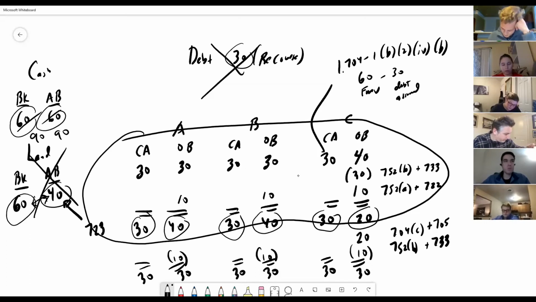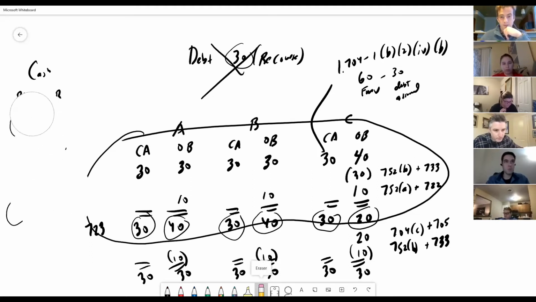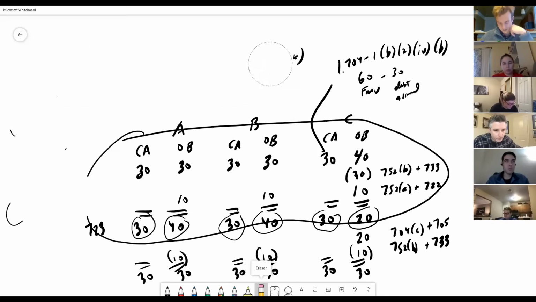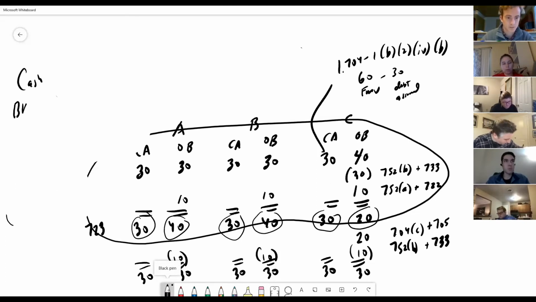In part C, the only thing we change, let me clean this up. I don't know how to clean this up easily. The only thing we change is one little part of the fact pattern.